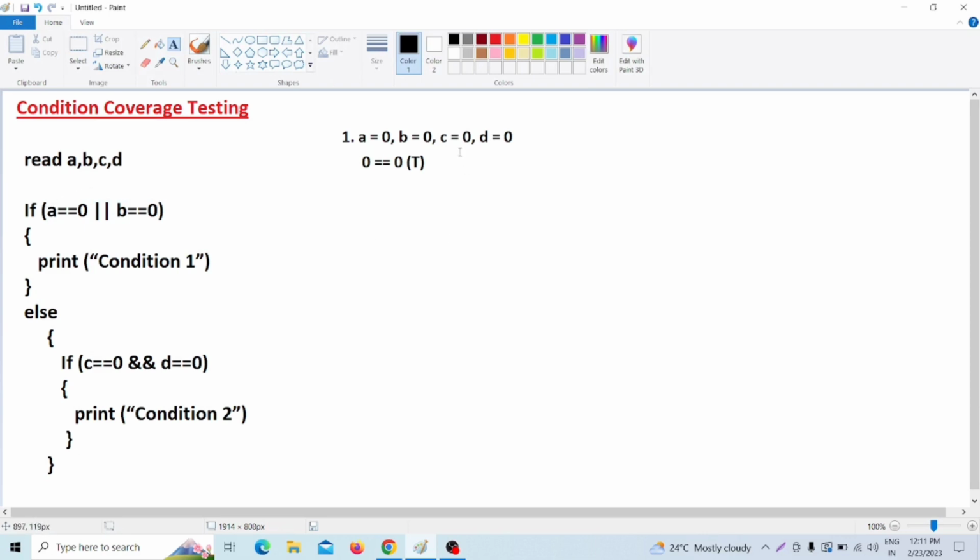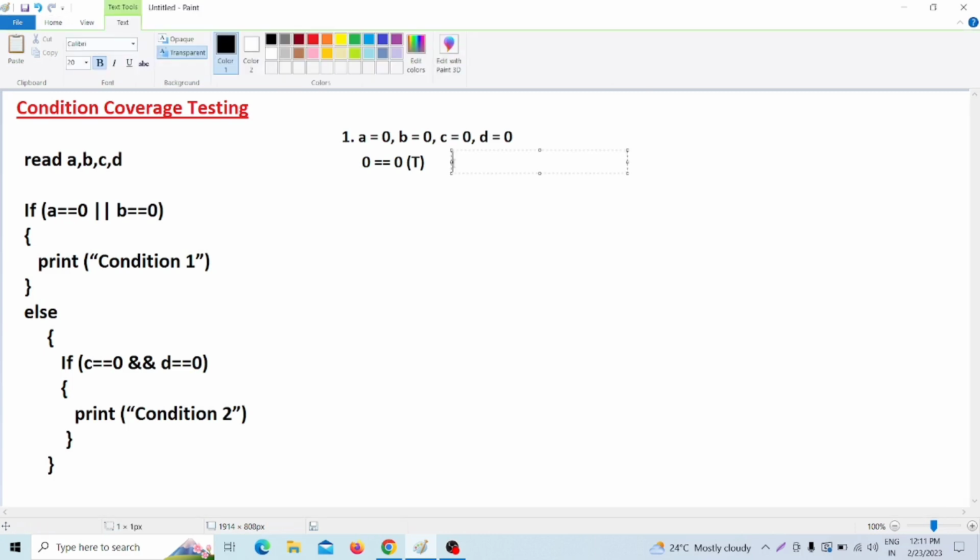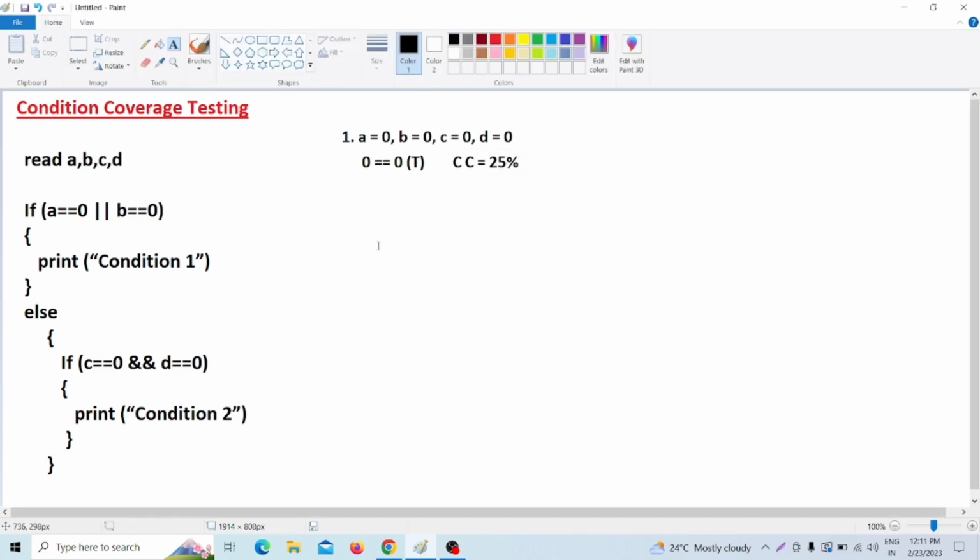That means out of 4 conditions, only one condition was checked, which gives the condition coverage. We write it like this: CC, condition coverage equals 25%. Okay, now clear? We are clear about step 1.